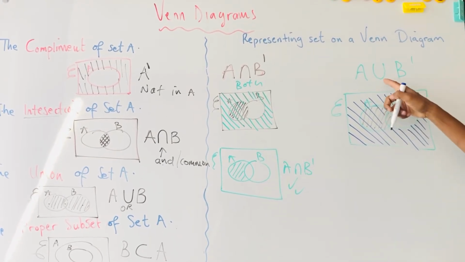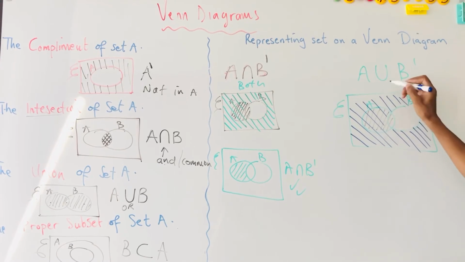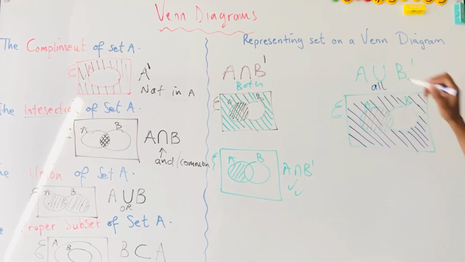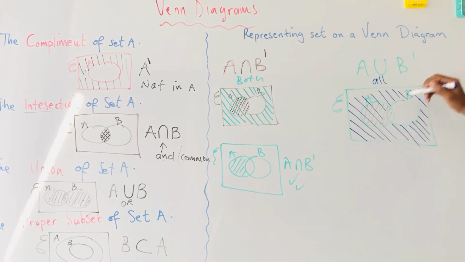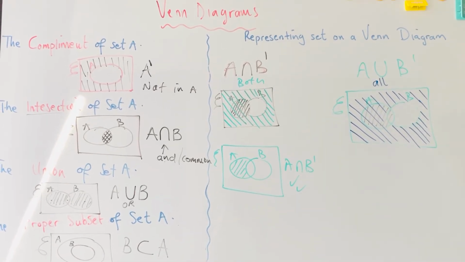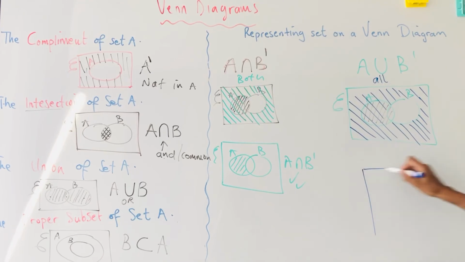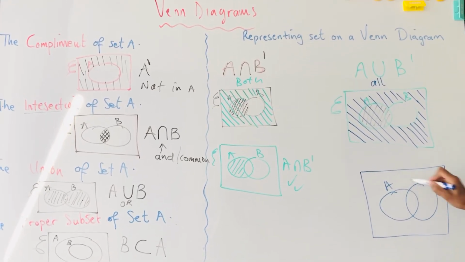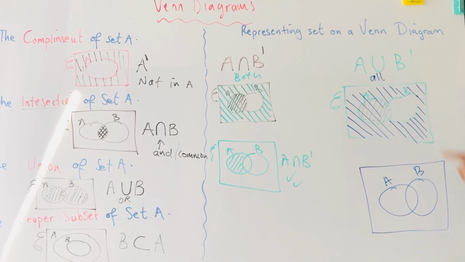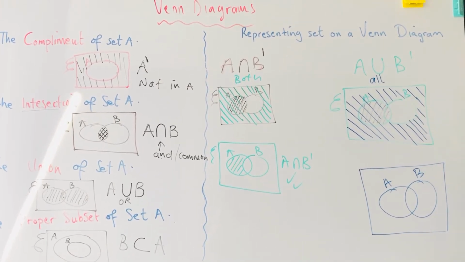And look at the sign. The sign says or. So now everything that is shaded will be your final answer. You have your A, you have your B. The only place that is not shaded is this one.